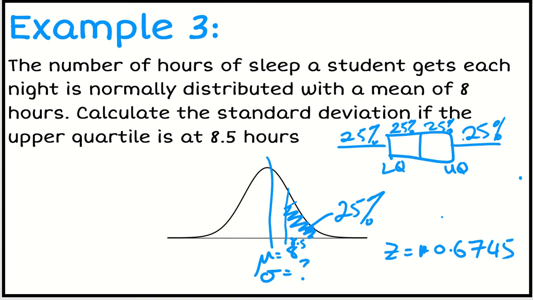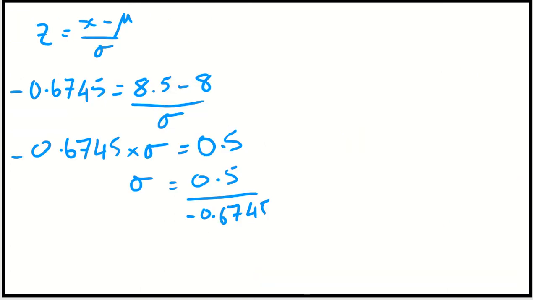Sorry guys, cross that negative out, and I'm just going to cross this negative out here too. Okay, so then when I work out my standard deviation, it'll be better because I can't have a negative standard deviation. That's going to give me a value of 0.74 hours. Okay, so that's our standard deviation.